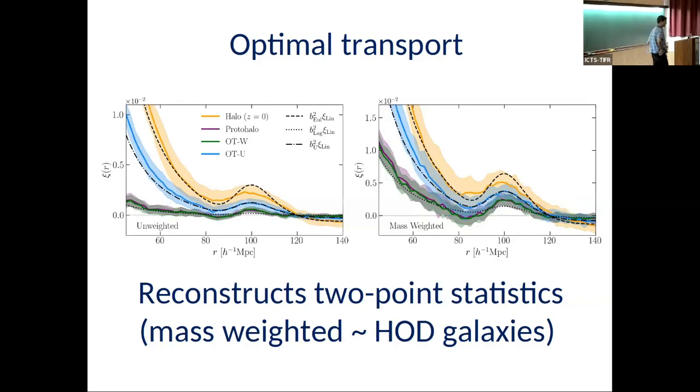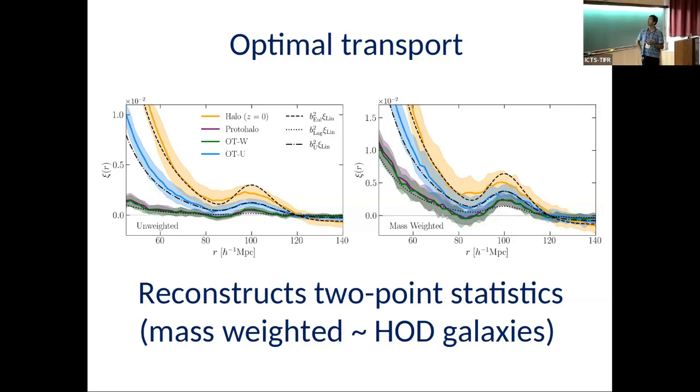So that's by eye, it works pretty well. Now you'd like something quantitative, so you go out and measure a statistic. And so here is the two-point correlation function. Let's look on this side. I'll talk about these two in a second. The nonlinear thing that you start out from is the gold, and linear theory is the black dashed, and the fact that the gold is different from the black dashed, that's the thing we're trying to reconstruct.